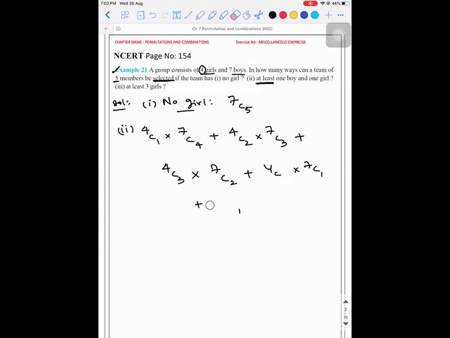Sorry, sir, I repeated again. 4C4 means all girls, no, sir? Yes, it can be all girls also. 4 girls, it can be all girls, no? Because they told at least one girl. Okay, sir. That's all. You cannot write 4C5. That's it.